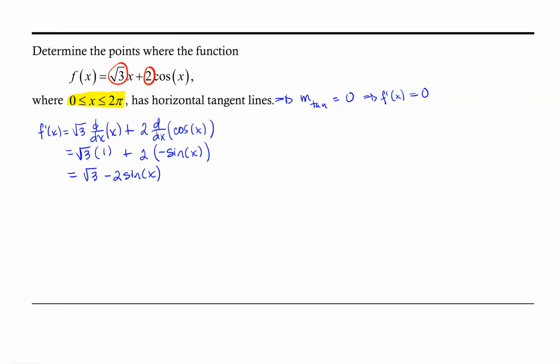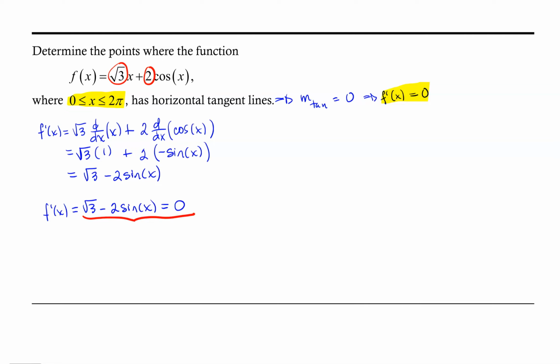So that's our derivative, but what is our goal? Our goal is to figure out where our derivative is equal to 0. So now what we want to do is to take our derivative, so f prime of x equal to square root of 3 minus 2 sine of x, and we want to solve an equation. We want to know where that is equal to 0.